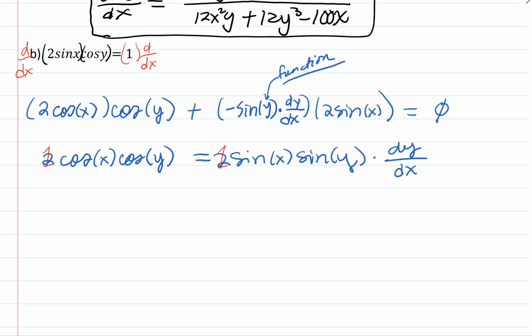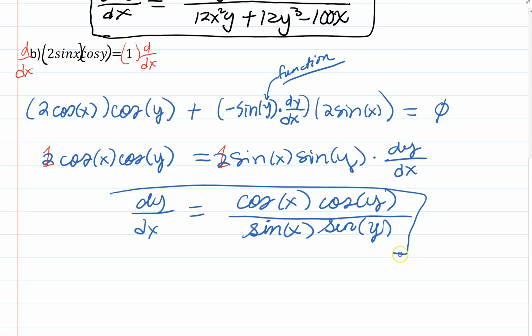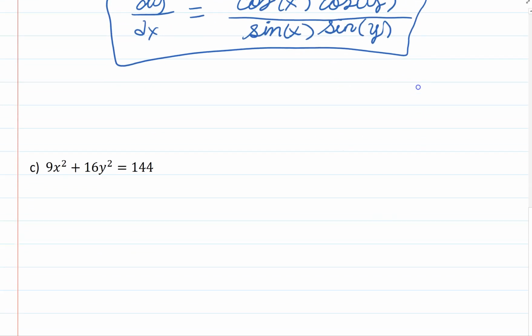So dy dx will equal cosine of x cosine of y divided by sine of x multiplied by sine of y. Okay, that is part B. Okay, part C.